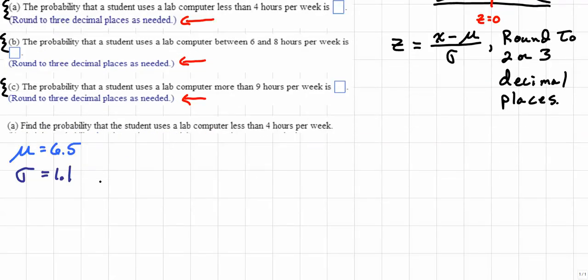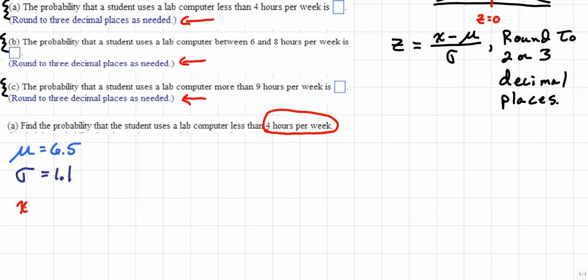To find the probability that the student uses a lab computer less than 4 hours per week, we're going to use the mean of 6.5 hours and a standard deviation of 1.1 hours, and we're simply going to put this into our formula z equals x minus mu divided by the standard deviation. Now our x value is going to be this 4 hours per week.